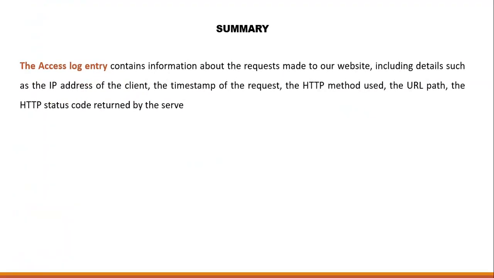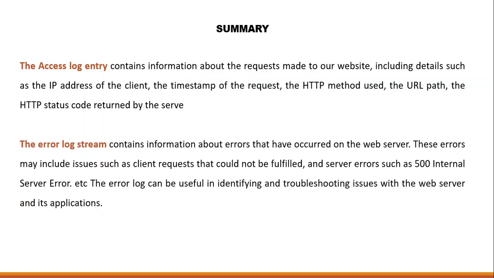In summary, the access log entry I just showed you contains information about the requests made to our website, including details such as the IP address of the client, the timestamp of the request, the HTTP method used, the URL path, the HTTP status code returned by the server, etc. And the error log stream contains information about errors that have occurred on the web server.